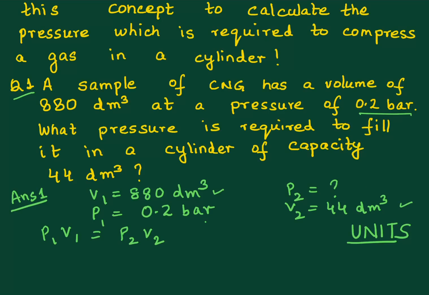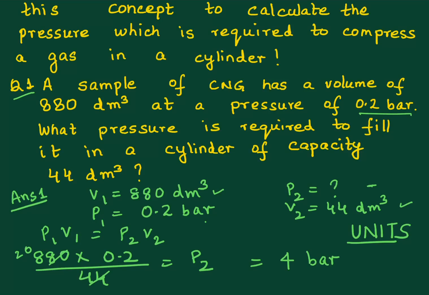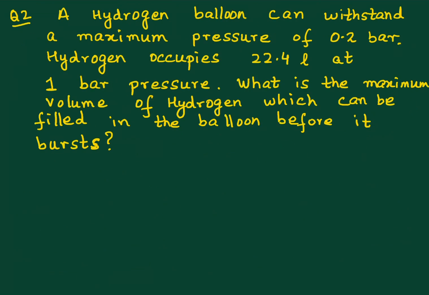This is bar, so obviously the pressure that I will get over here would be in bar. So 880 into 0.2 divided by 44 gives me the value of P2. Please calculate this for me. Got the answer? Okay, let's do one more question.